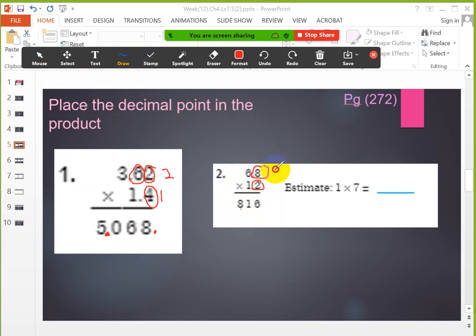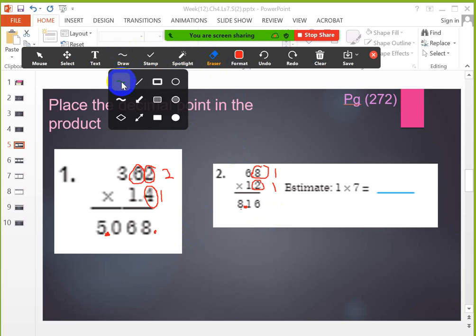So that means how many digits after the decimal point in the product do I have to put? 2. Very good, Celine. So the decimal point will be between what and what? Between 8 and 1. Excellent, thank you so much. So the decimal point will move to the left side 2 digits.